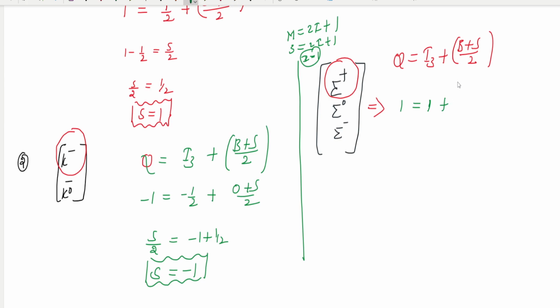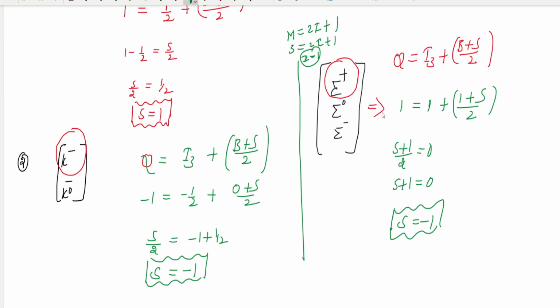This is a baryon, which means the baryon number is 1, the bar is not there, so this is a normal baryon. So plus 1 charge, I3 is 0, S plus 1 divided by 2 equal to 0, because 1 minus 1 is there. S plus 1 equal to 0, S equal to minus 1. Therefore the strangeness number of the triplet component sigma plus is minus 1.